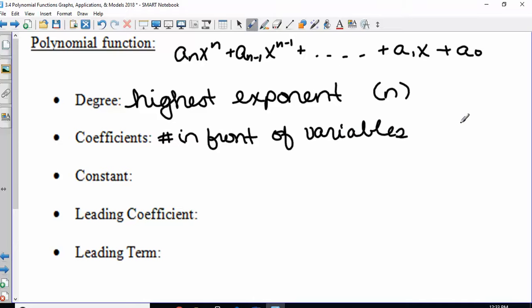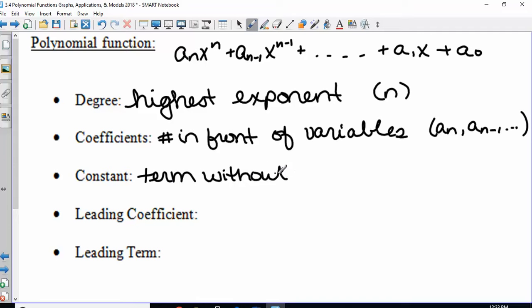So all of those a's are coefficients. What's the constant? The term without a variable. So in this case, it was that final a.